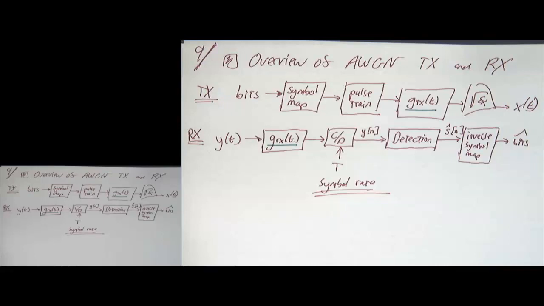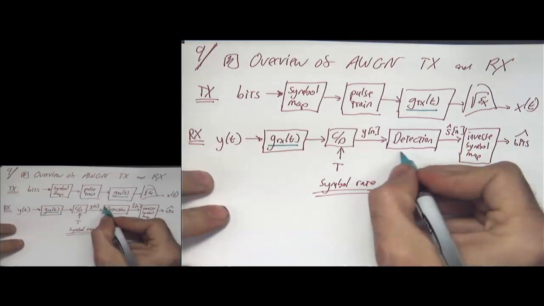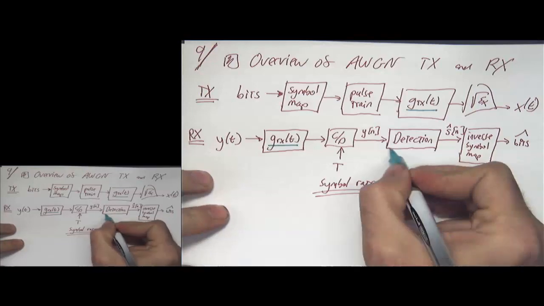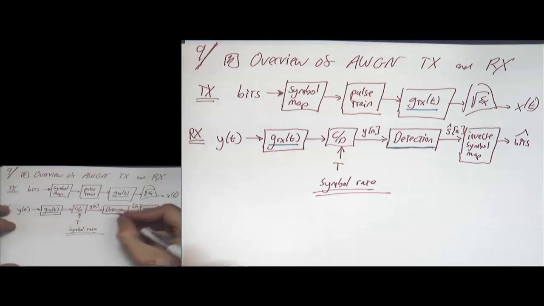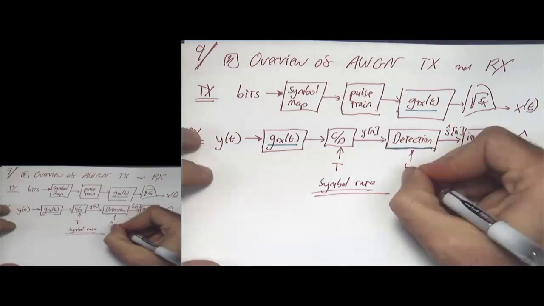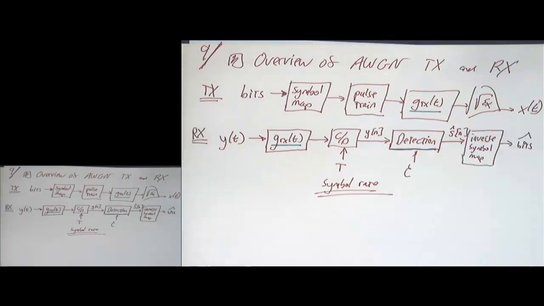And then the final piece here is the detection block. The role of the detection block is we're going to take, as an input, this constellation C, and we know the possible points in C. So Y of n is going to give us essentially a noisy constellation symbol.